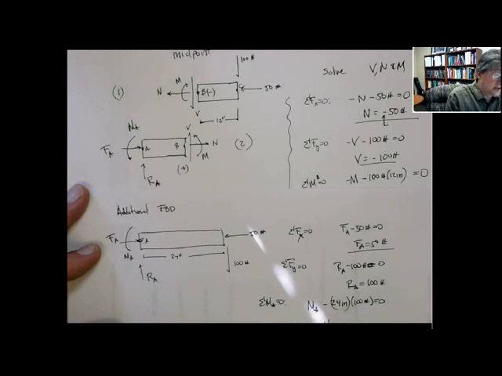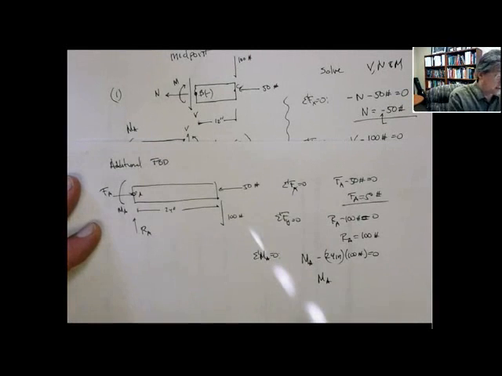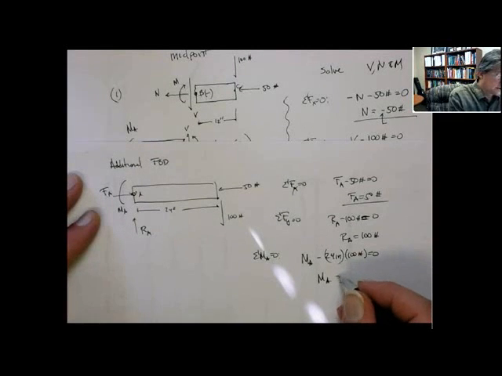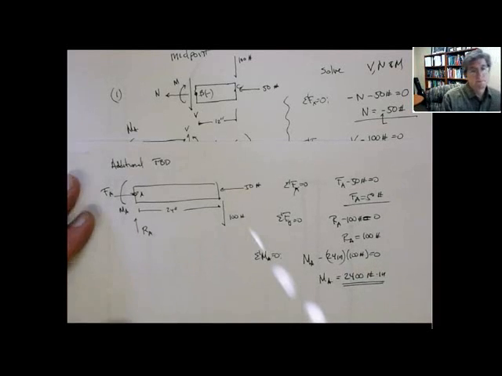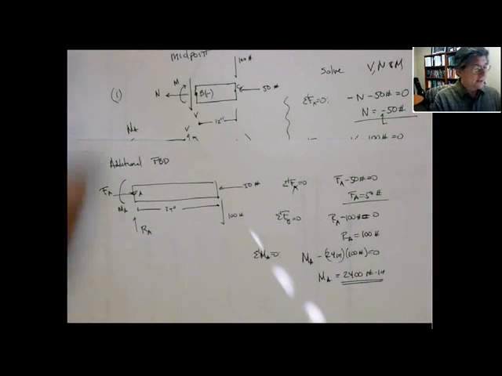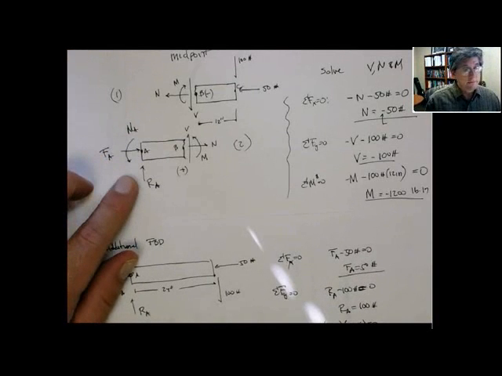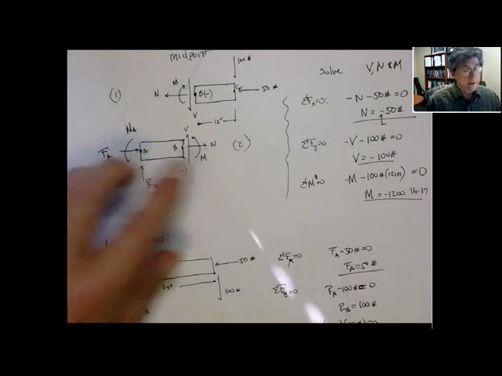So the external reaction moment, the built-in support at A, over here, is going to equal 2,400 pound inches. Okay? All right. Well, now that we have those, I can then use those on this free body diagram to solve for M, V, and N.